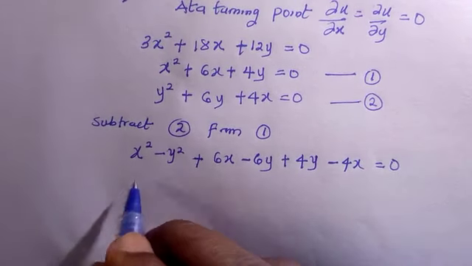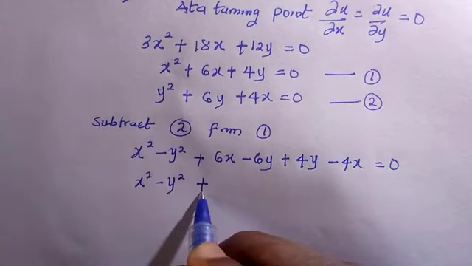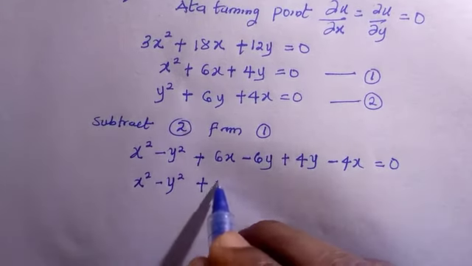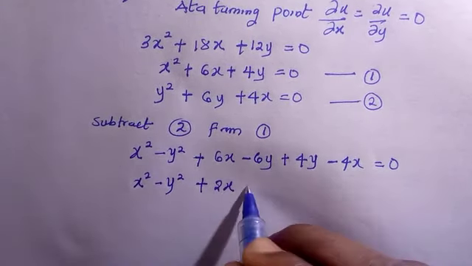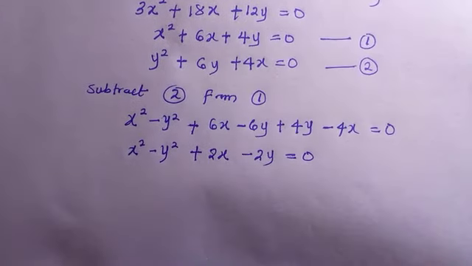So we have x raised to power 2 minus y raised to power 2 plus 6x minus 4x, that becomes 2x, and minus 6y plus 4y is minus 2y, everything equals 0.